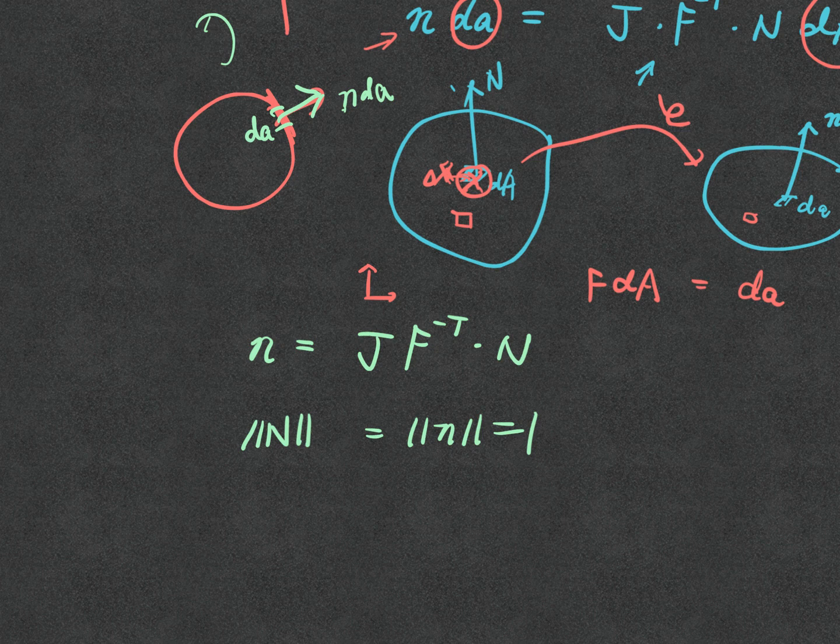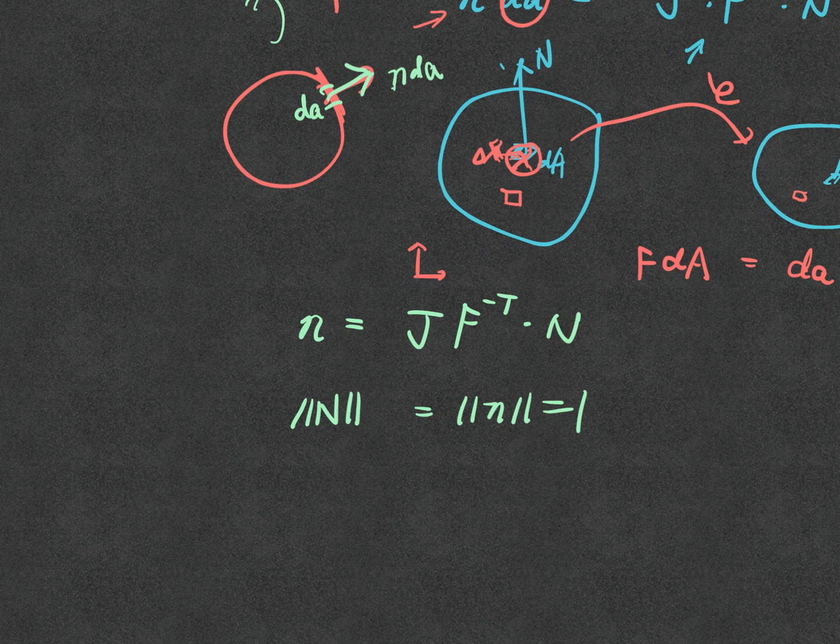During the deformations, the reference N and the current n are different: during the mapping the material is deformed, so the normal direction is changed. In order to map it back, I need the F minus 1. But I also don't want the F minus 1 to change the norm to be not equal to 1. So I multiply it by J to normalize that F minus 1 so that n and N can both have the norm equal to 1.